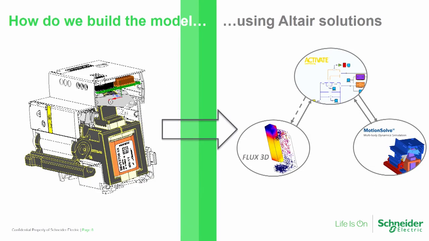So let's see quickly how we build the model using Altair solutions. The core of the model is still built within Activate. We still use Flux3D for the electromagnetics. Here you see a dashed line because we don't use co-simulation in this case. We only used response surfaces, as we'll see later on.